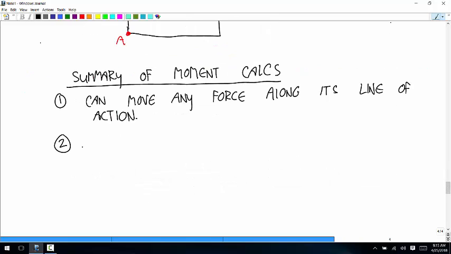And then second, you have 2 ways you can calculate the moment. It's equal to 0, 0, rho x fy minus rho y fx.